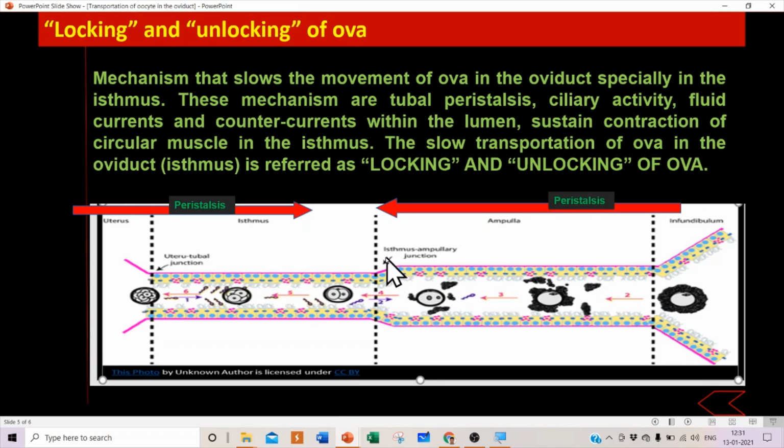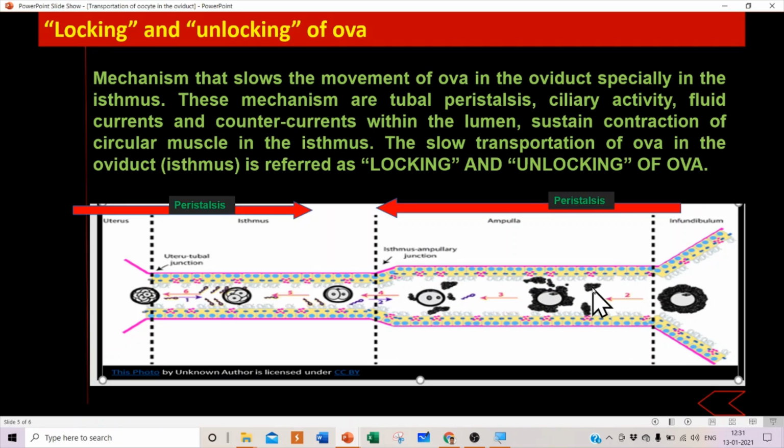So the mechanism involves the tubal peristalsis movement from this side to this side, sometimes called antiperistalsis, and the fluid secretion, which also slows down the oocyte moving in the oviduct. However, from the infundibulum toward the ampulla, the movement is quite faster.